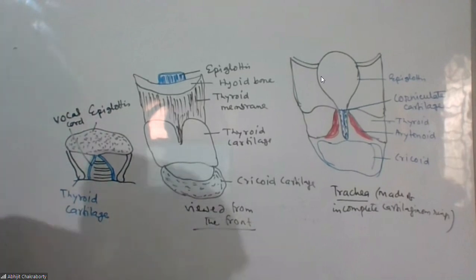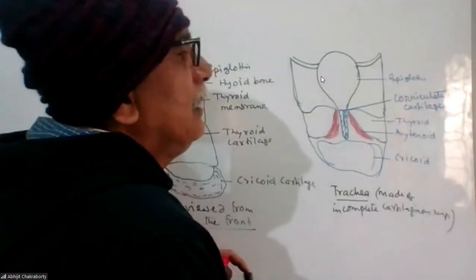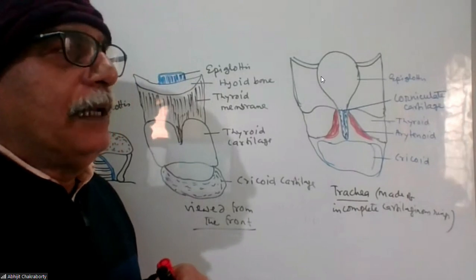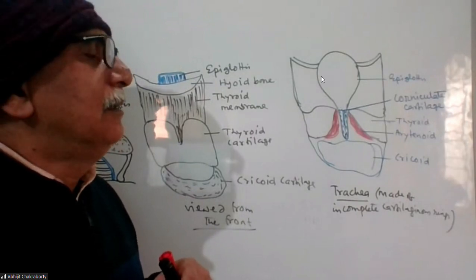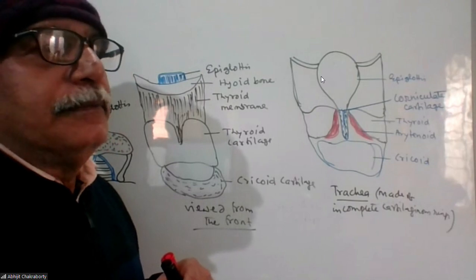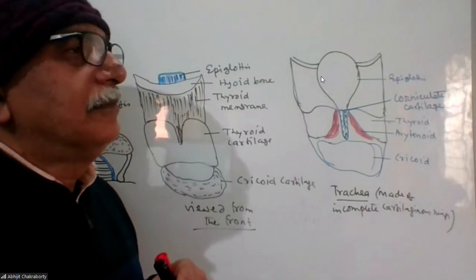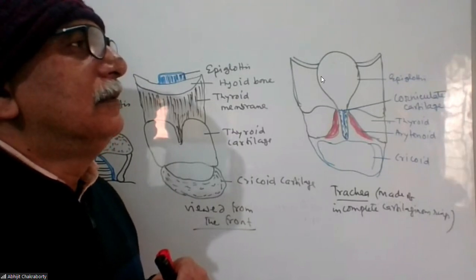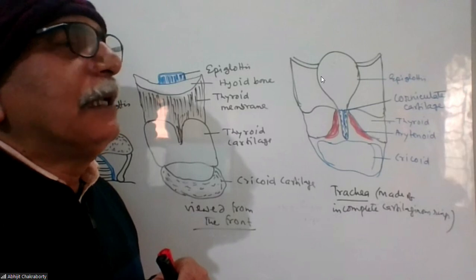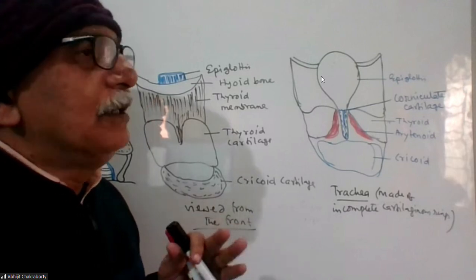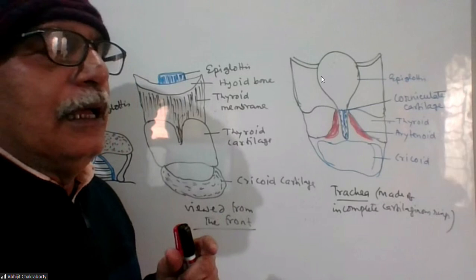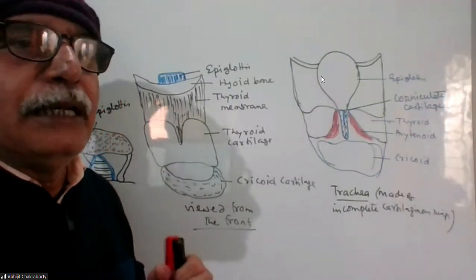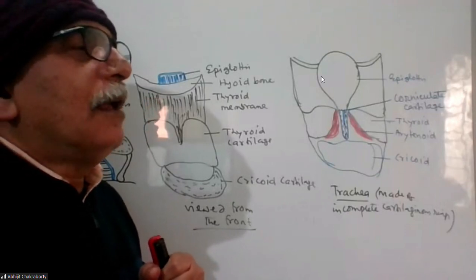To prevent its collapsing during inspiration. You need that, because if it is made of complete cartilaginous rings, anytime when air is coming out, it gets squeezed or collapsed.